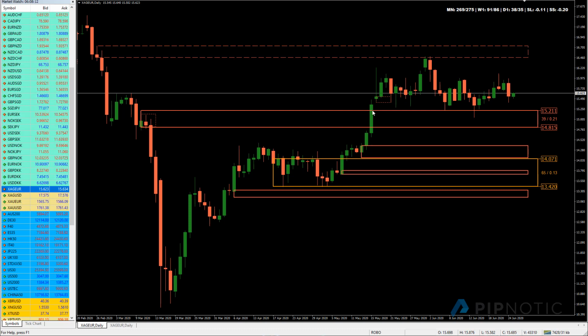So the area of demand that removed this is this one, but we do have a couple of other things that are interesting. We have this that was tested. This one removed it. Price tested this one once, twice, moved up, sideways, rallied, accumulated, and then we cut through it.